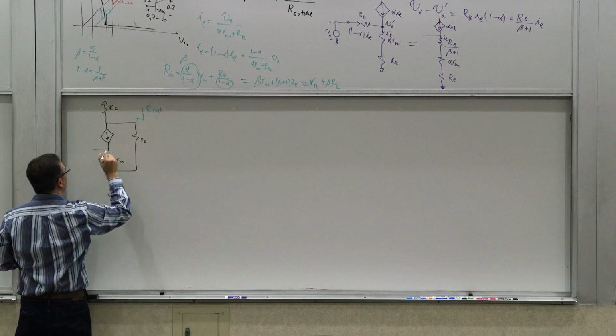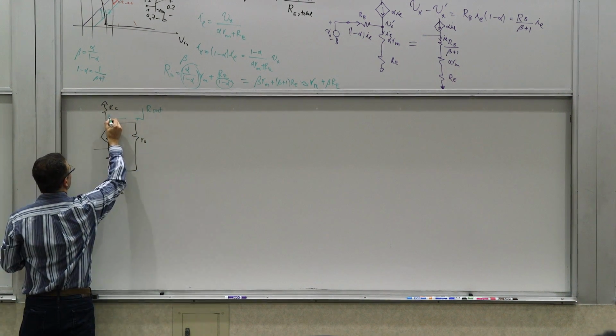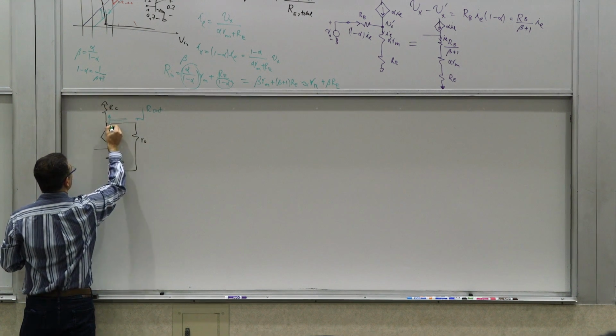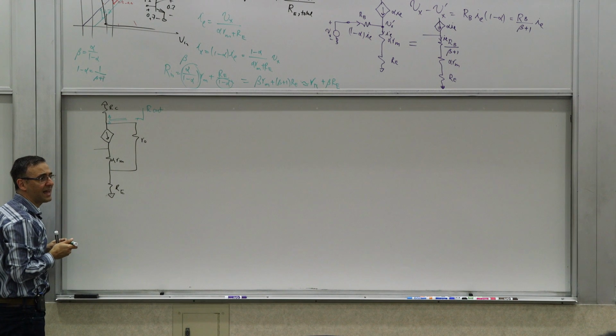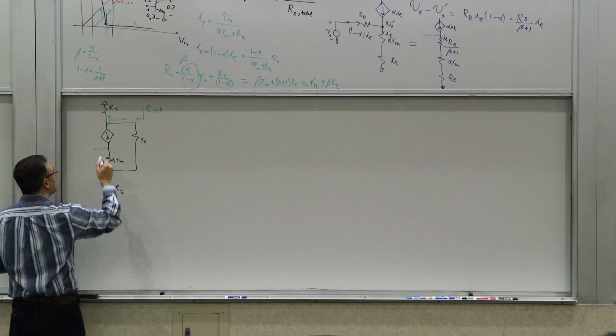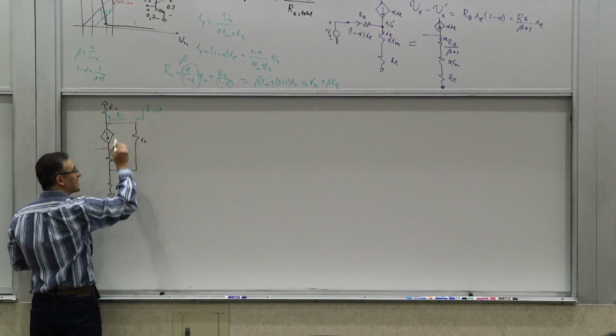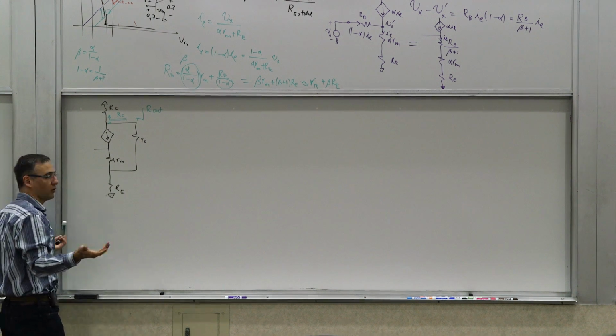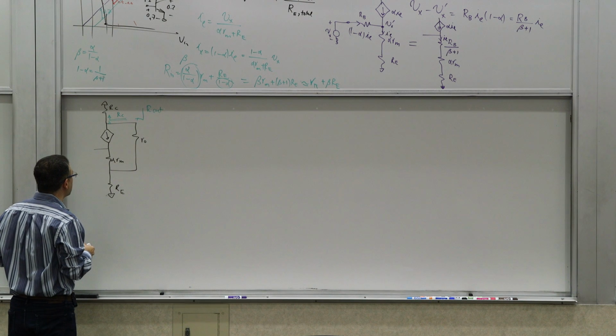Do you agree that this R out will be the parallel combination of the resistance from this node to ground looking up, and the resistance from this node to ground looking down? What do you see looking up? RC to ground, right? What do you see looking down? We don't know. We have to find out. How do we find that out?